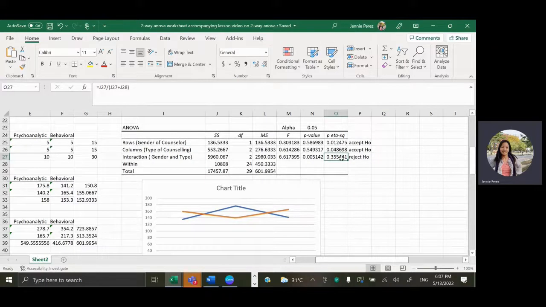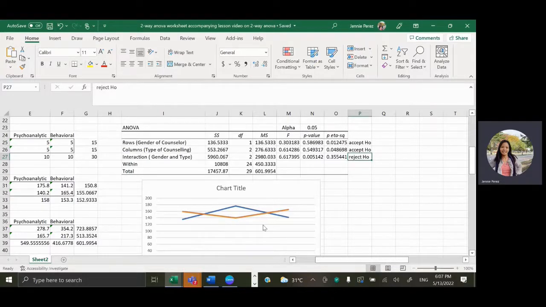So statistically, in our ANOVA summary table, the interaction for gender and type is significant. Thus, we have rejected H0.